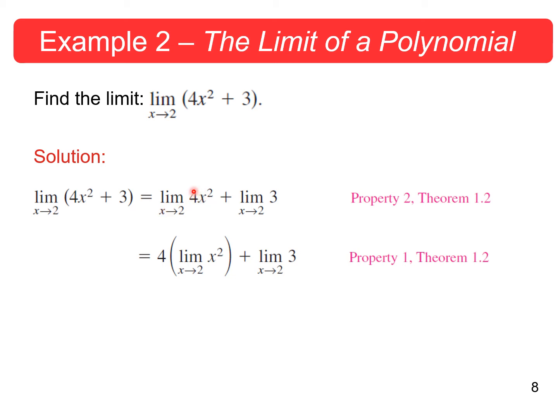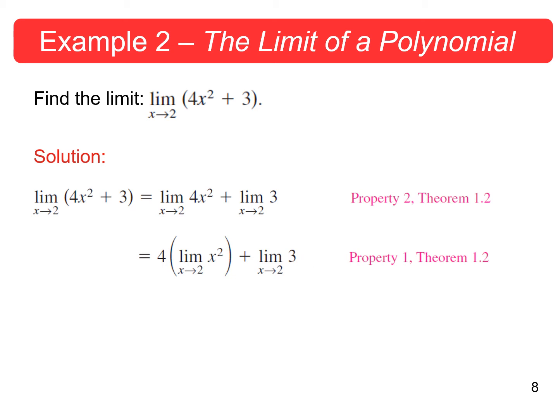What we can do is just take the constant outside of that limit. So that's why you have 4 times the limit of x squared as x approaches 2. And then we have here the limit of 3 as x approaches 2. Just copy the limit of the constant.